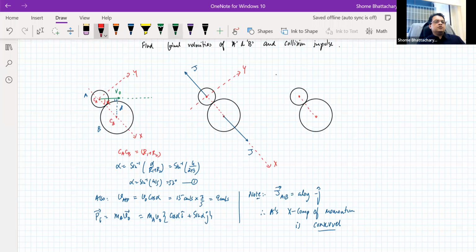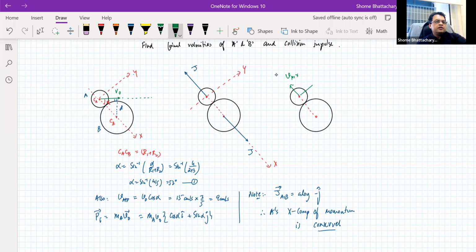So in the picture finally after impact, suppose because of this large impulse, A's y component of momentum gets reversed in direction. Suppose this is what happens. So this is VA's y component, but A still, sorry, x component, not y component.